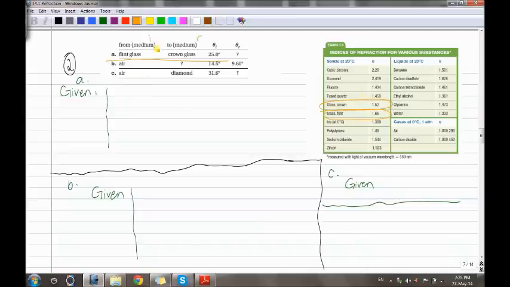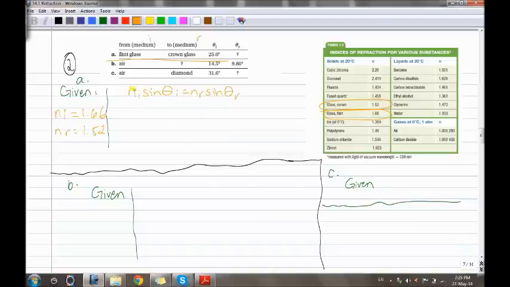Now I will apply the formula Ni sine theta I equals Nr sine theta R. The Ni is the flint glass, so let's put in the givens. Ni, flint glass, is 1.66, and the Nr, the crown glass, is 1.52.